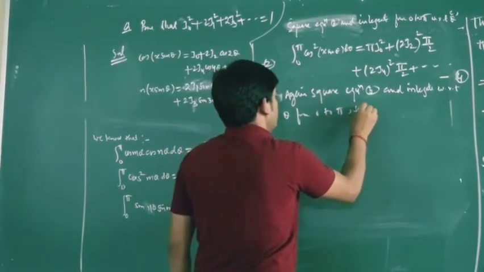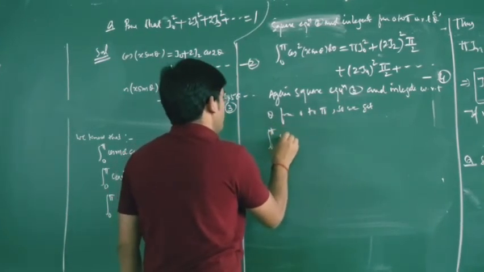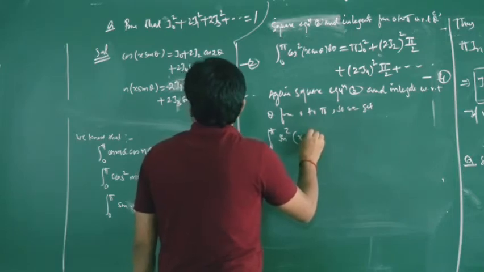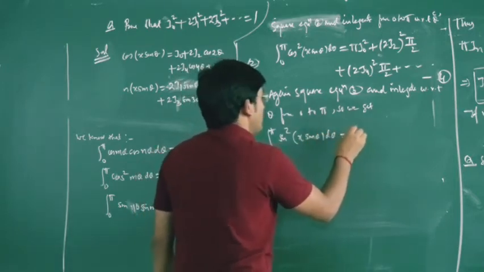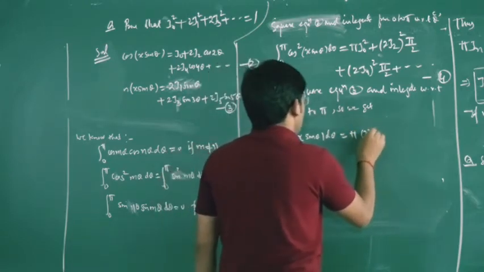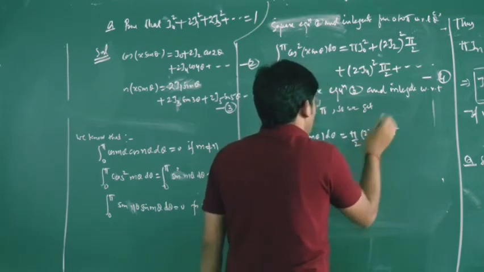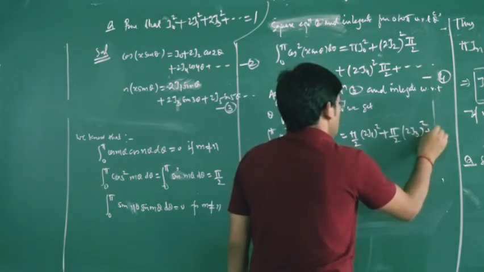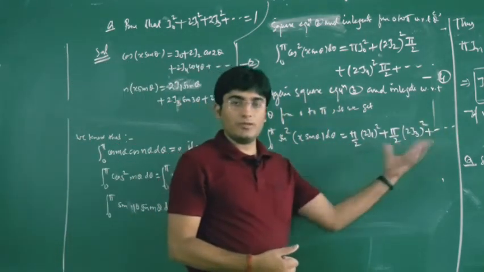So we get, on the left hand side, the integral of sin square x sin theta d theta, and on the right we will have pi by 2 j1 square, then pi by 2 j1 square, then pi by 2 j3 square, and so on. With the same logic, other remaining terms will be 0.